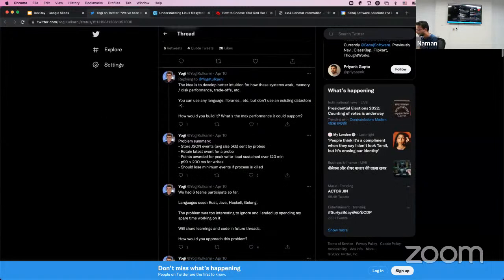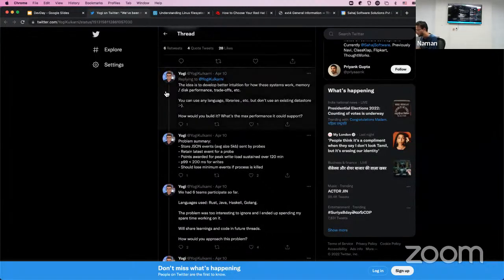And what exactly is BigO and why do we have it? This is a tweet from Yogi which says the idea is to develop better intuition for how these systems work, and the memory and disk performance trade-offs which need to be taken when we decide which database to use. And these can only be built when we try to implement it on our own.